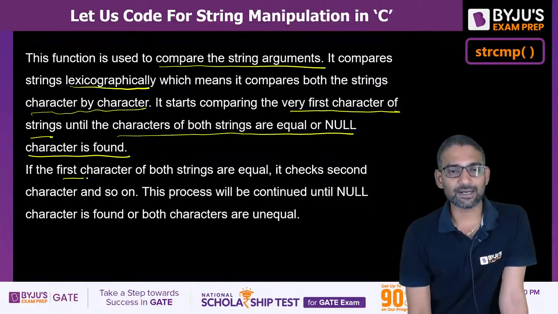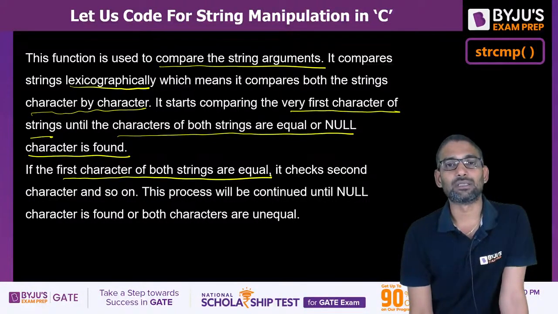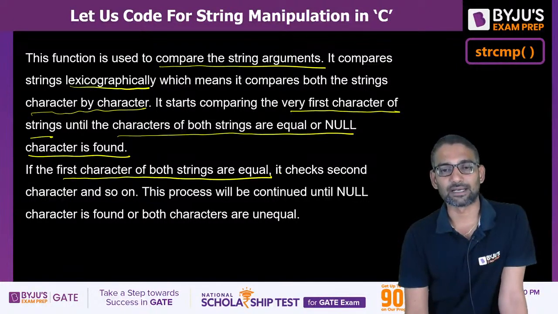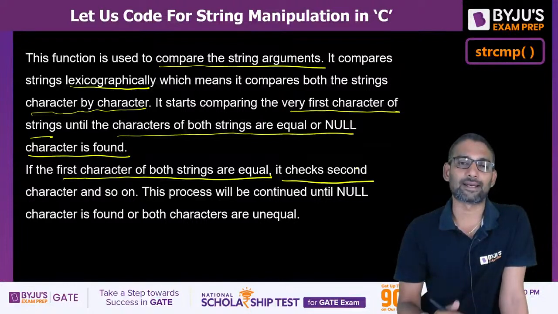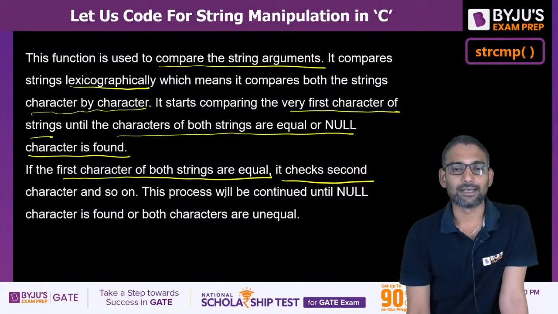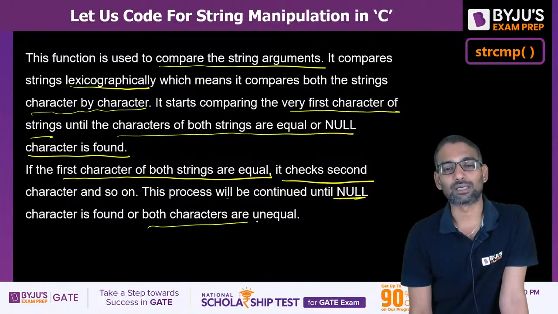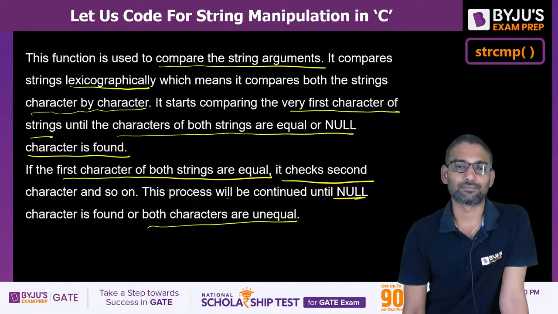If the first characters of both strings are equal, then it checks the second character. If the second is also equal, it checks the third character and so on, and it continues until null is found or both are unequal. Okay.